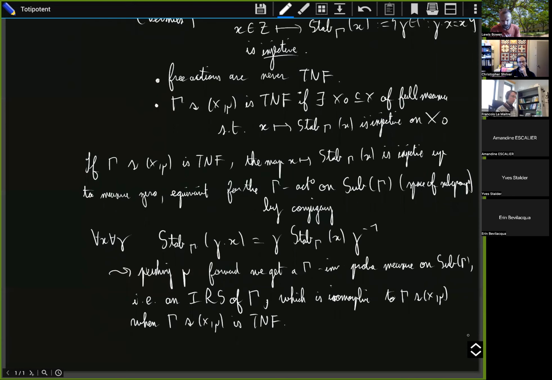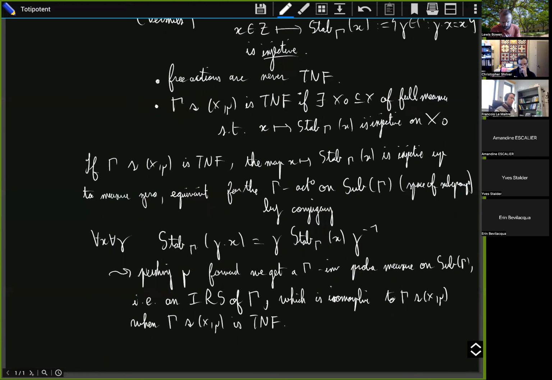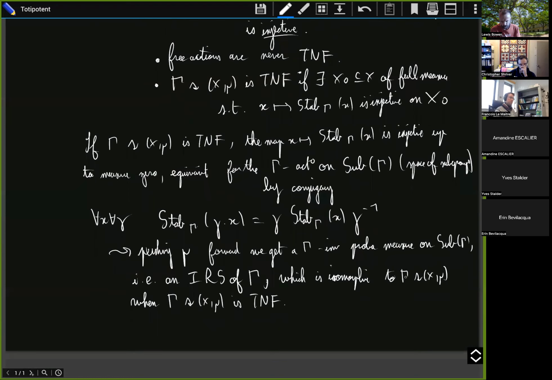So this gives you the fact that the action you started with is a very nice action. You can view it as an action just on the space of subgroups of gamma by conjugacy.